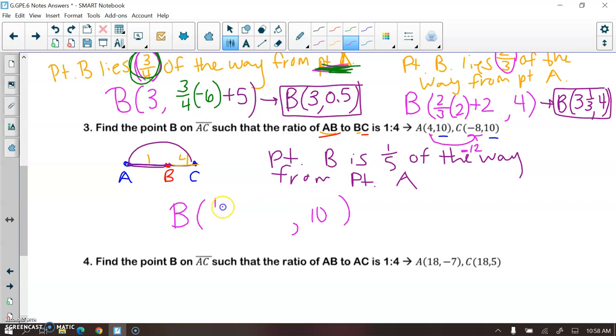So I take my 1/5 ratio, I multiply it by that -12, and then I'm going to add it to the x value of point A, which is 4.